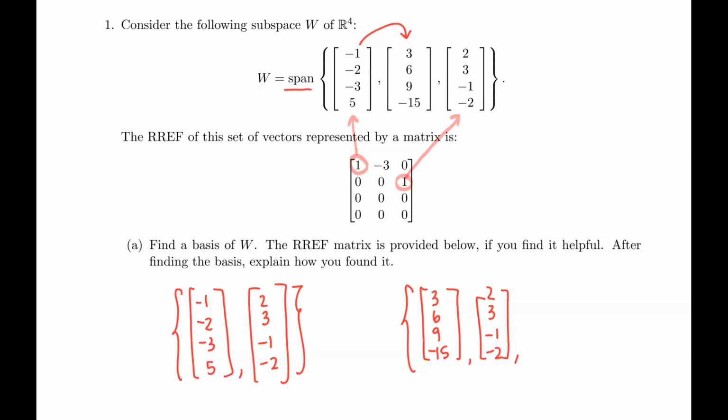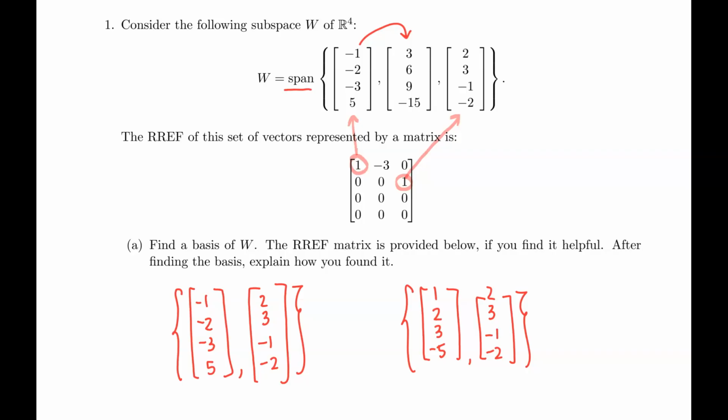We could also decide that we don't really like the way that the majority of the elements in that first column vector are negative, so we could go ahead and instead use the vector 1, 2, 3, -5. Any of these would work.